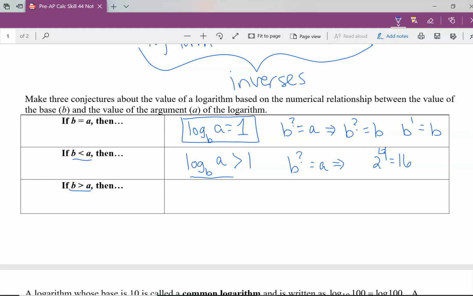Likewise, if b is larger than a, what would happen with log base b of a? How would that compare? So b to some exponent is equal to a. This time our b is larger than a, so that means I'm taking a value to an exponent and getting something smaller in the end. So let's say I had 2 to some power equals 1/4.